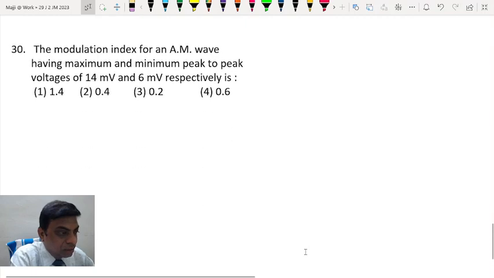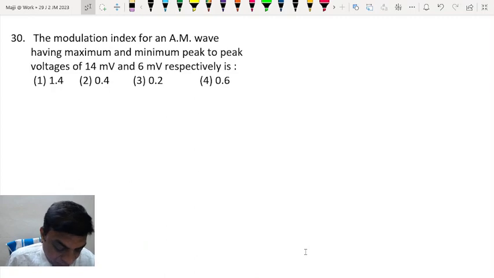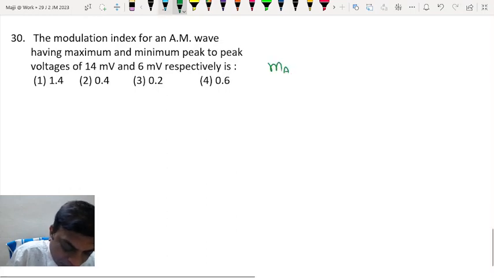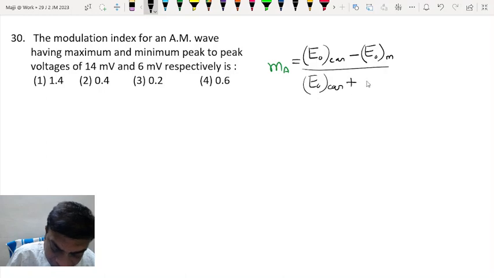The modulation index of an amplitude modulated wave having maximum and minimum peak to peak voltages of 14 millivolt and 16 millivolt is. Now, modulation index for amplitude modulated wave is amplitude of carrier wave minus amplitude of modulating wave upon amplitude of carrier wave plus amplitude of modulating wave.